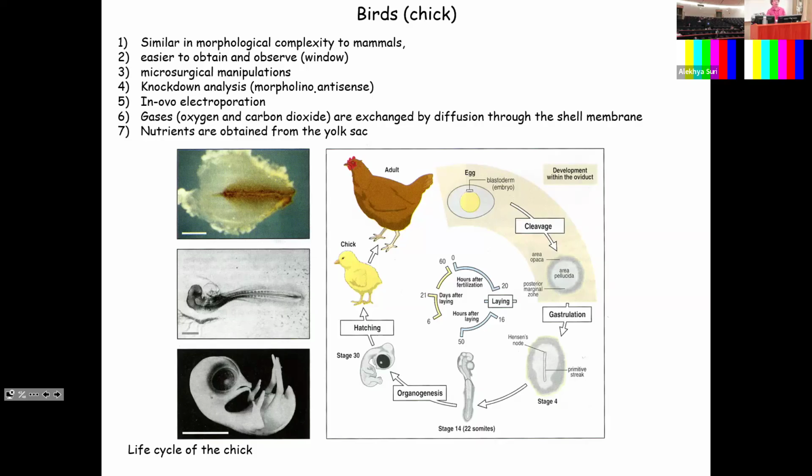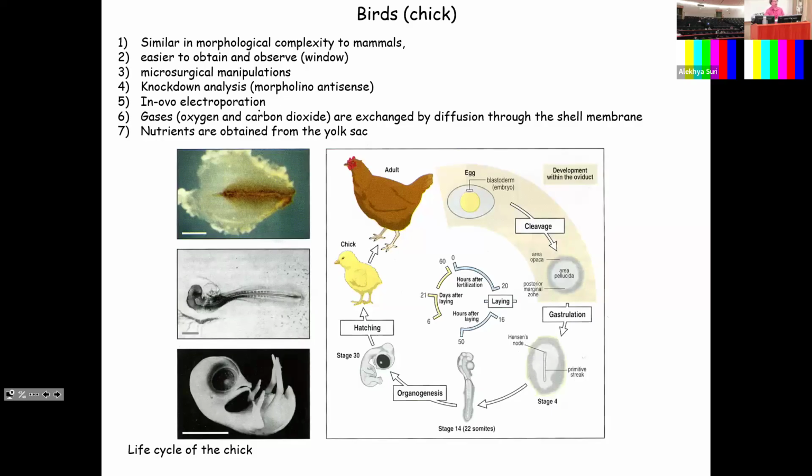So microsurgical manipulations, what I was telling you. Knockdown analysis, morphological analysis, molecular analysis. We knock down, we reduce the expression of some genes, for example.